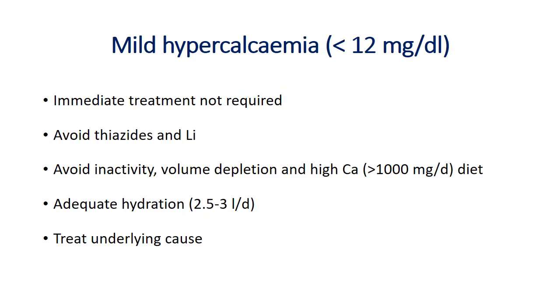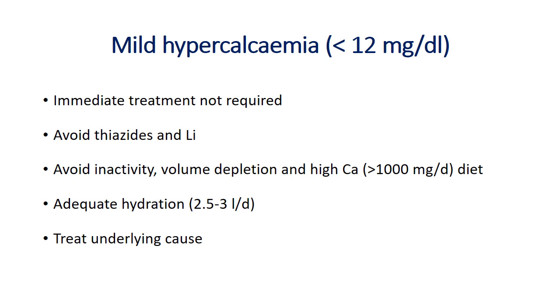In patients with mild hypercalcemia, you can go slow and steady. Immediately, you do not need to do anything active. Rather, if the patient is on drugs which can worsen hypercalcemia or which can per se lead to hypercalcemia, like thiazide diuretics and lithium, you need to take the patient off these drugs. You need to avoid inactivity because immobilization can actually worsen hypercalcemia.